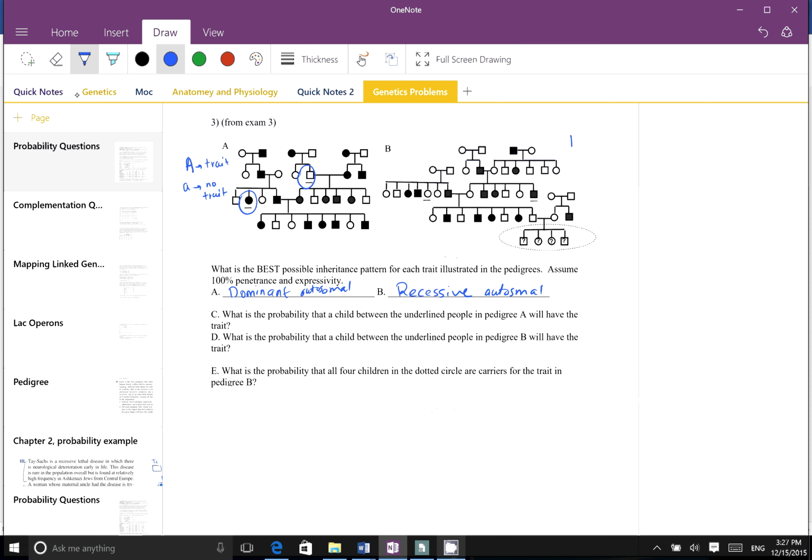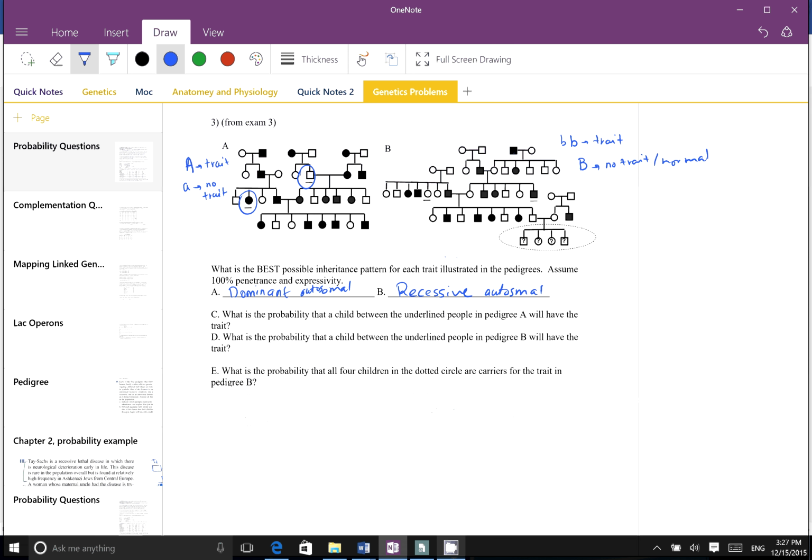Here, since I said it's recessive, you need 2 copies of lowercase b to have the trait, and then capital B is no trait or normal. Okay, so here are our conventions.